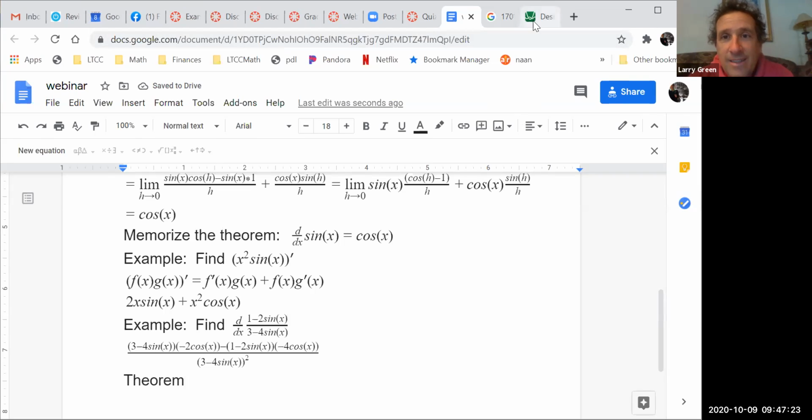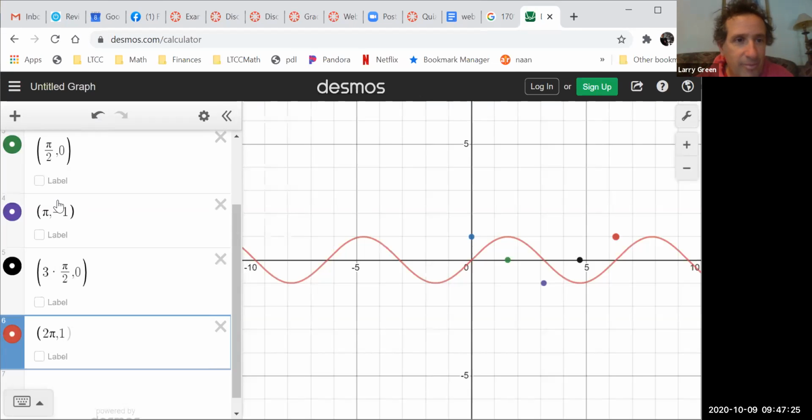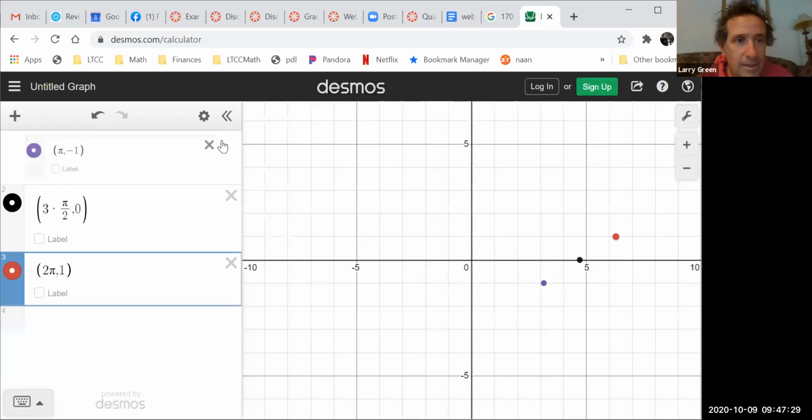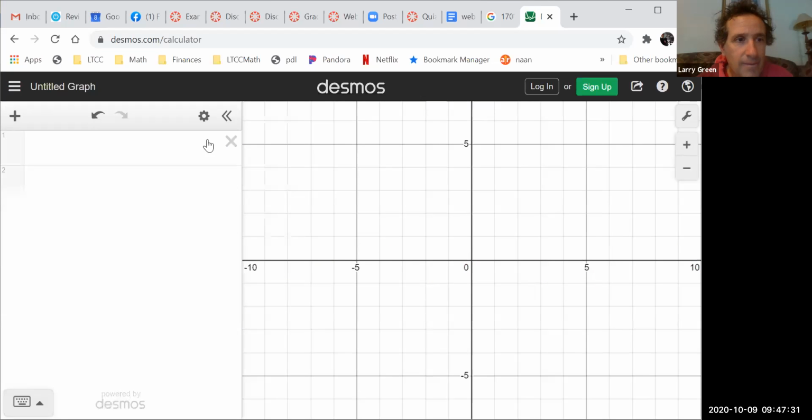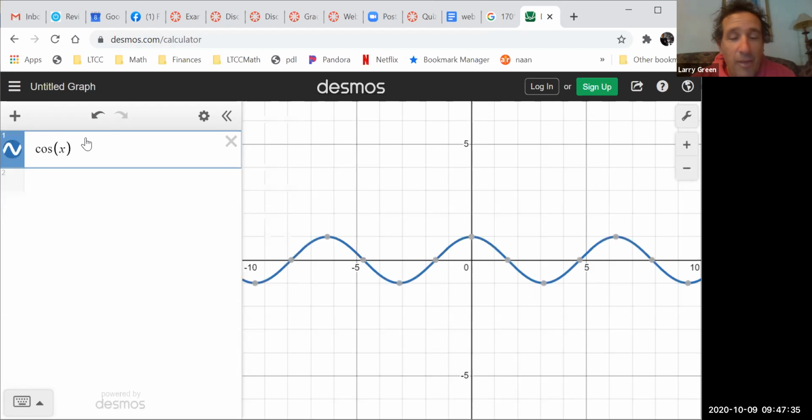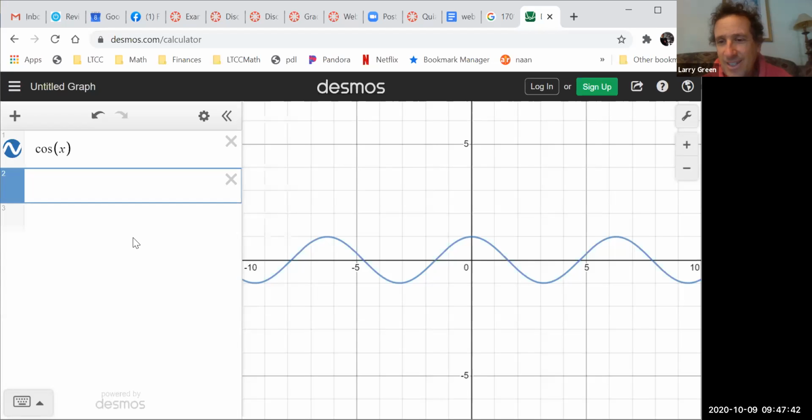And in fact, let's look at Desmos. So I'm going to start again. And let's look at cosine of x. By the way, if all things are good in the world, what would the derivative of the cosine x be? Right, the derivative of the sine of x was cosine of x.